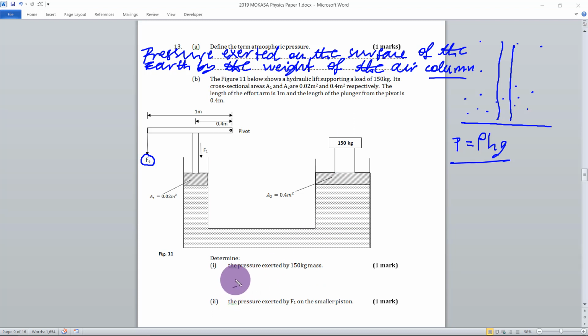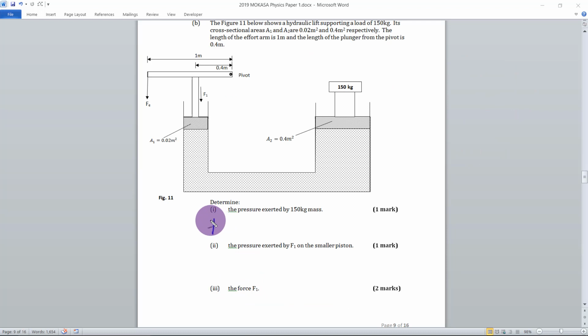So that one is easy. In order to calculate pressure, you will need force divided by area. And you can see that these details are given here. The force is actually the weight of this mass here, which is 150 times 10. Weight is equal to mg.